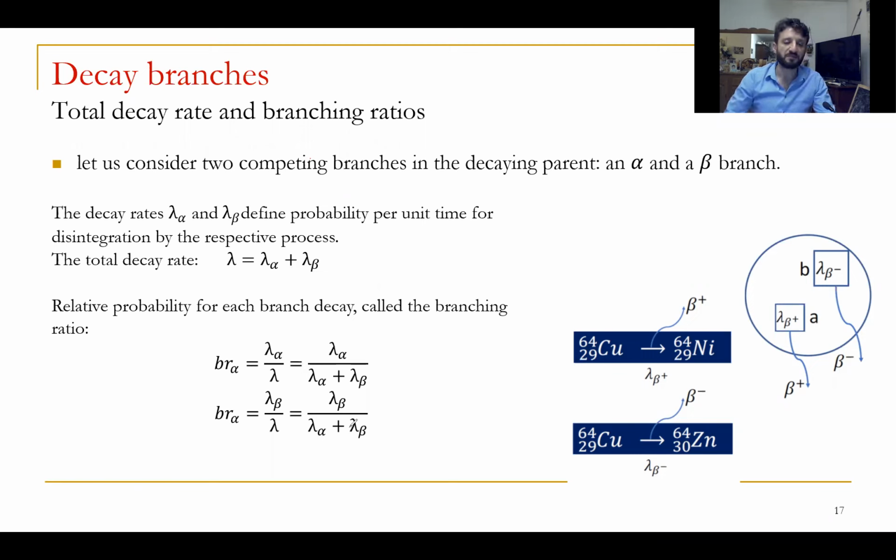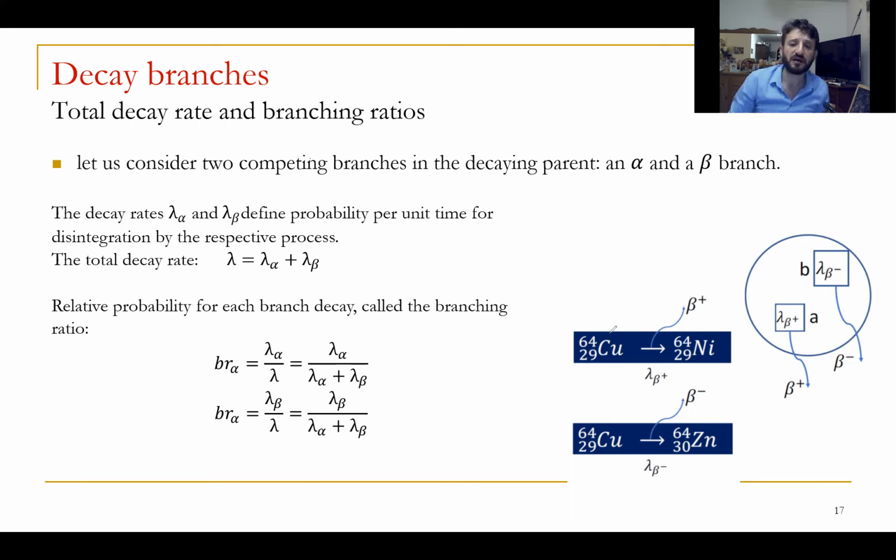At the same time, this element decays by alpha emission and beta emission. So here we have lambda alpha and lambda beta, and we can say the total decay rate equals the summation of lambda alpha and lambda beta.